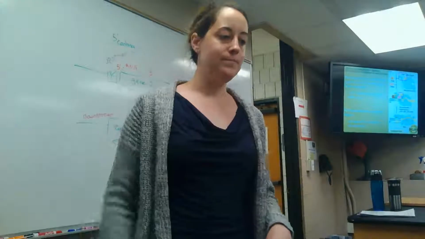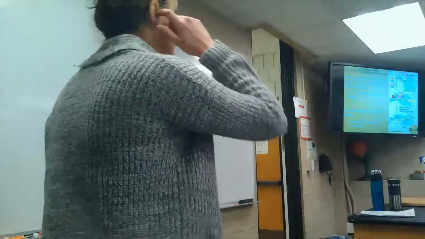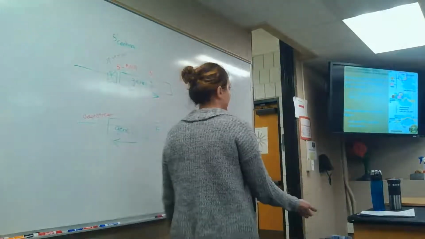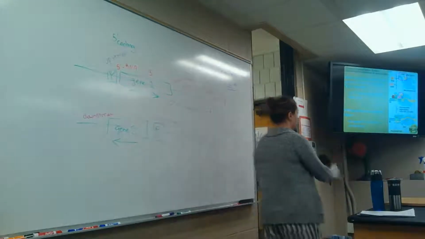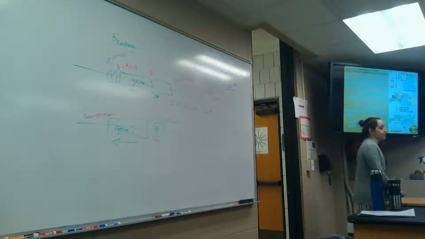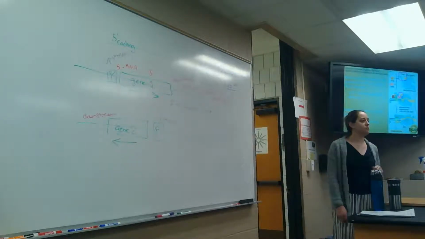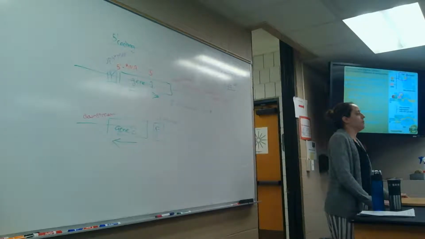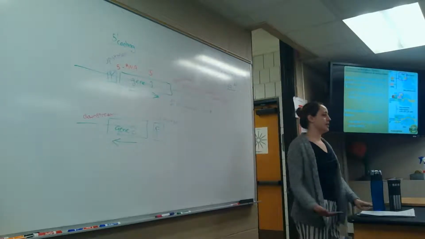The signal for RNA polymerase to actually start transcription is being phosphorylated. Certain general transcription factors will add phosphate groups to the RNA polymerase. And again, when we add phosphate groups, what does that do?